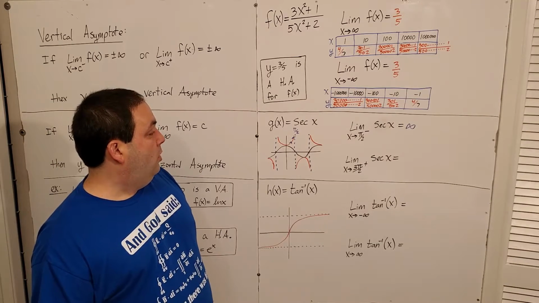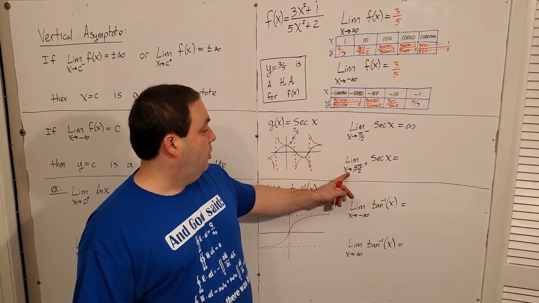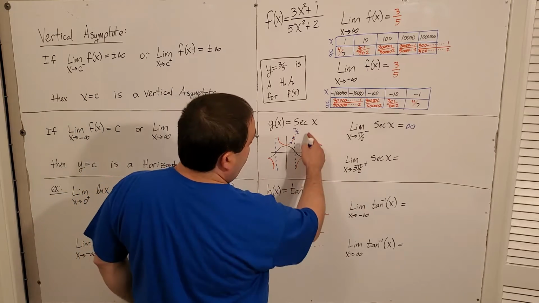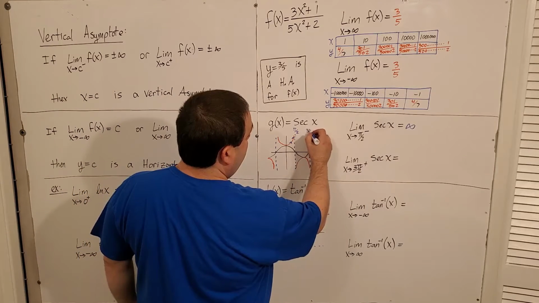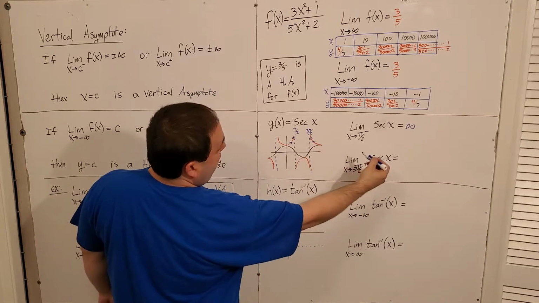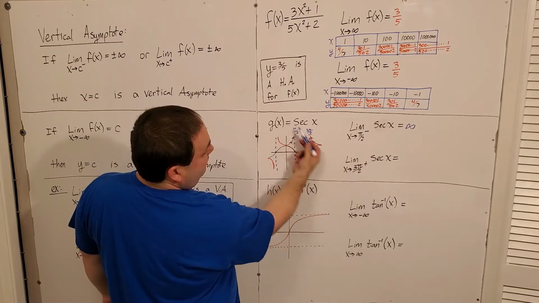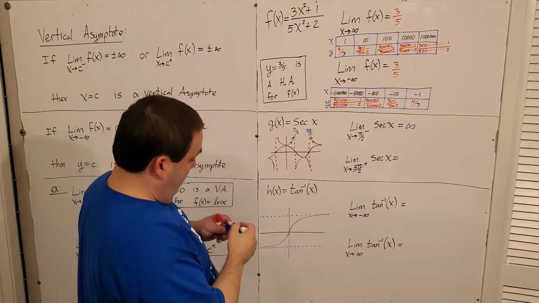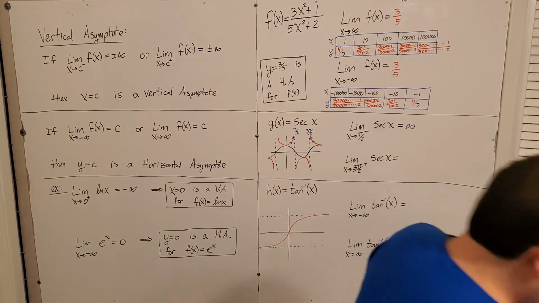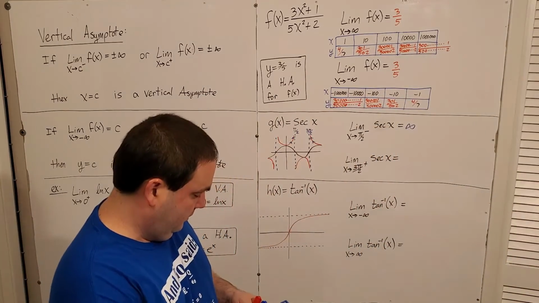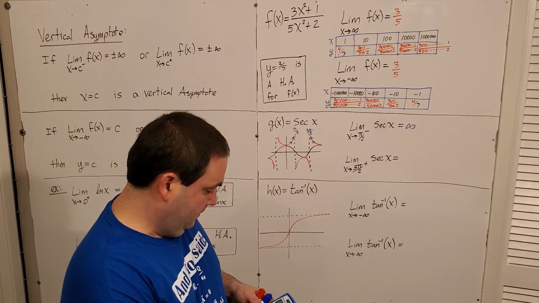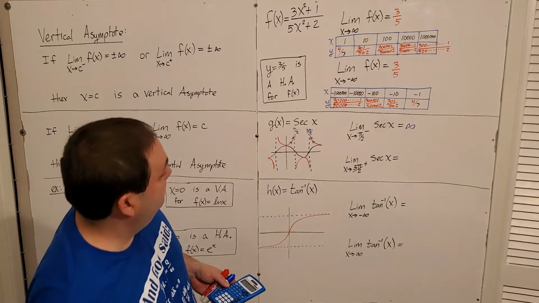Now, what about x approaches 3 pi over 2 from the right? 3 pi over 2 is this next line over here, and I would be approaching it from the right. So that would be coming up this curve here, this red piece. Again, if you wanted to plug that into your calculator, 3 pi over 2 is around 4.7.